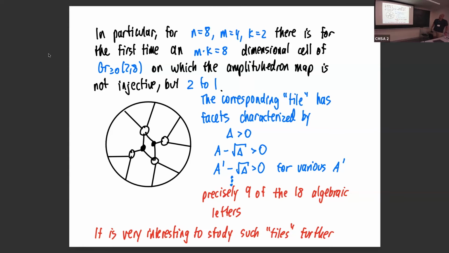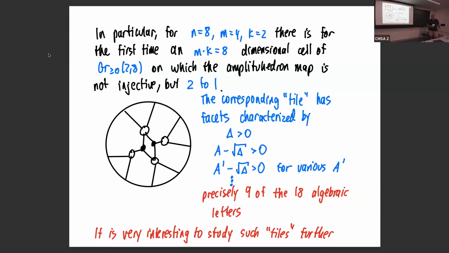And its facets, I'm glad that Thomas gave these beautiful lectures because I can freely talk about facets being cut out by equations in the Grassmannian or whatever. The corresponding tile has facets that are characterized by algebraic equations, so equations that are algebraic in the Plücker coordinates and that involve precisely 9 of the 18 algebraic letters.